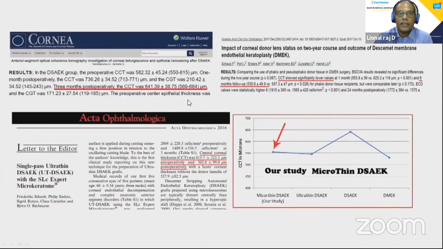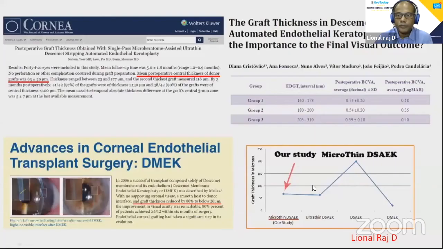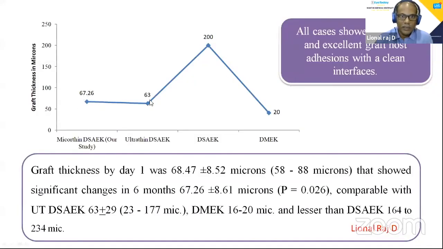And the second thing is the central corneal thickness. In our study, it was 554, 20 or 25 microns more than that of DMEK, but similar to that of ultra thin DSEK and much better than DSEK. Similarly, the graft thickness in our case series was 67 microns, just like ultra thin DSEK, not like DSEK, and DMEK is 15 to 20 microns.